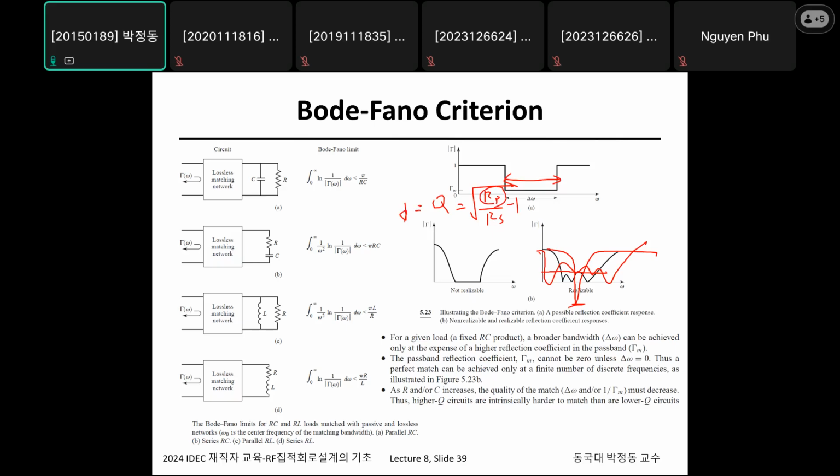So depending on the load configuration, the limitation is expressed like this. But at the end of the day, the physical interpretation is the same. If the bandwidth is wide, then the gamma is worse.